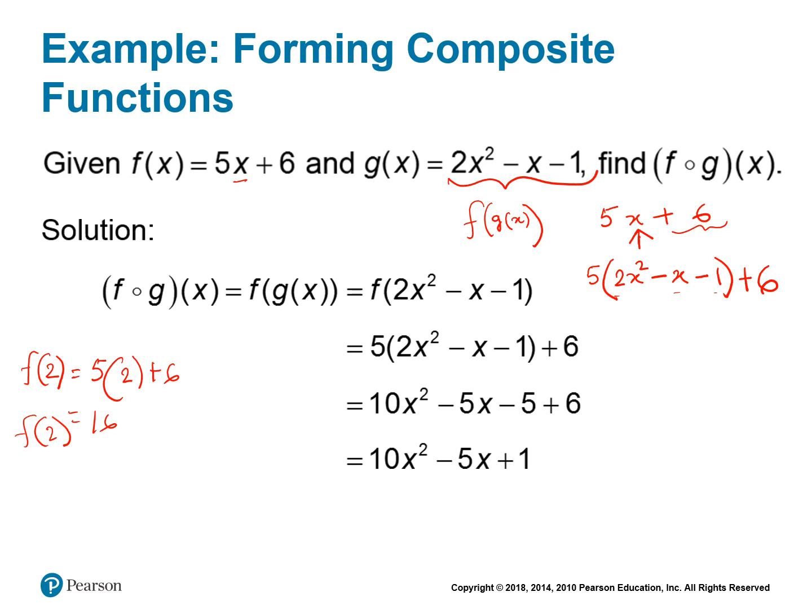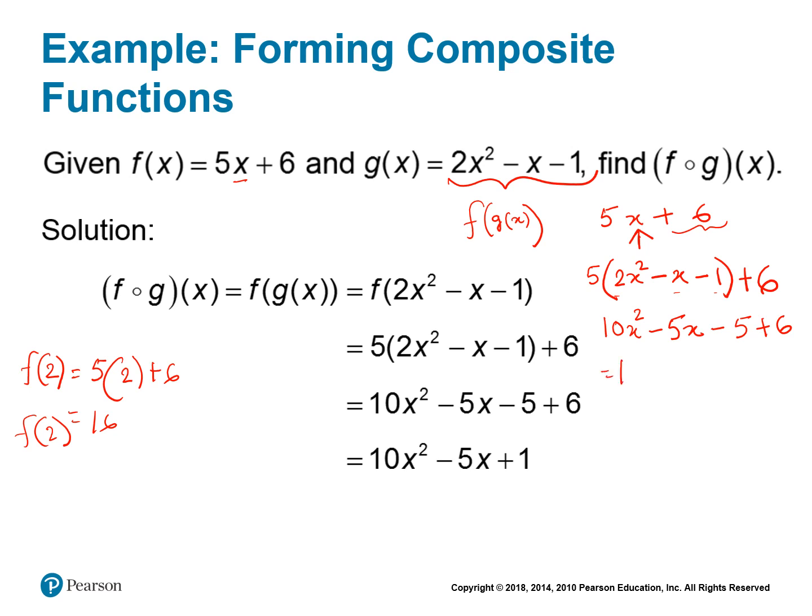So 5 times 2 is 10x squared minus 5 times x, minus 5x, and 5 times negative 1 is minus 5 plus 6, correct? And now we see what we can combine.